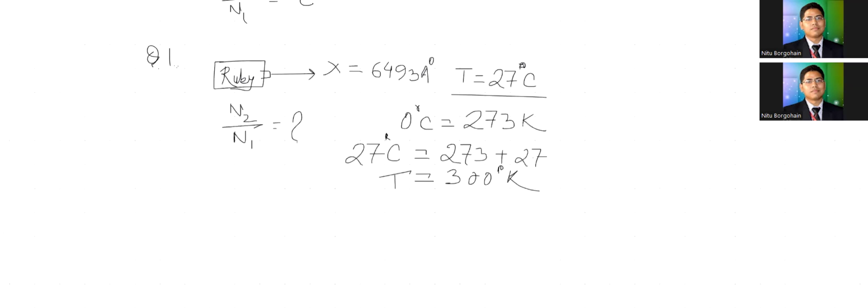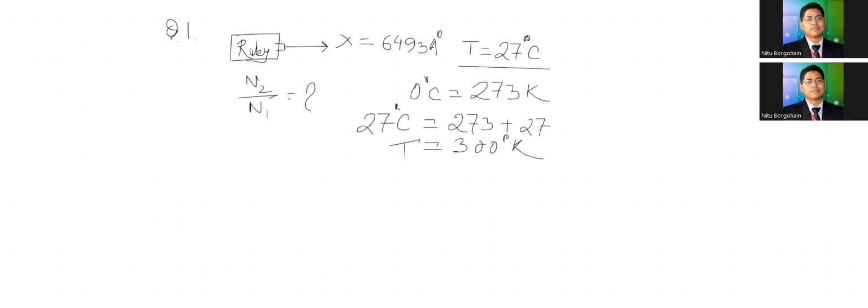The wavelength is already given. Our equation N2 by N1 is nothing but exponential minus h nu by kT. So we need to know what is h and what is nu.